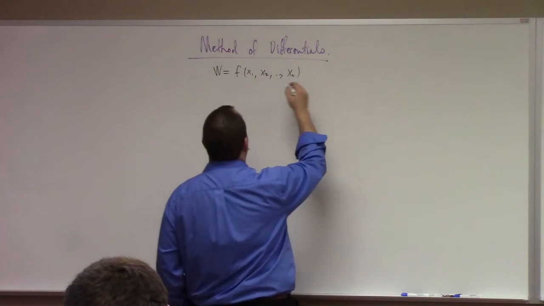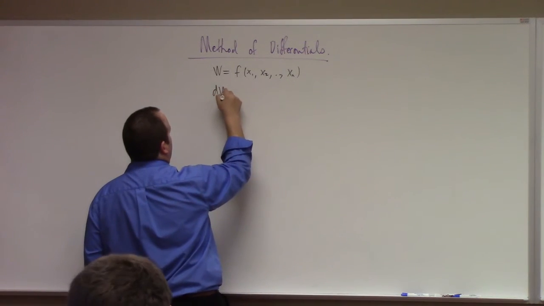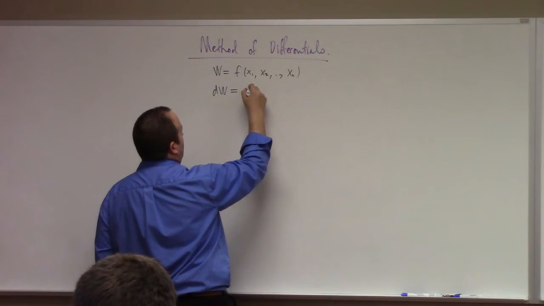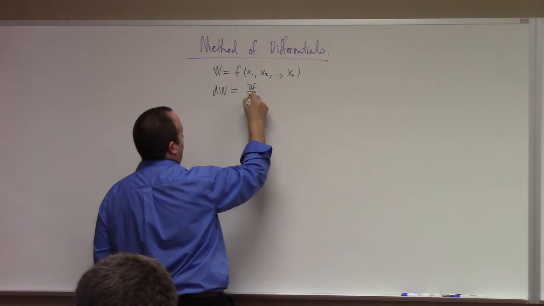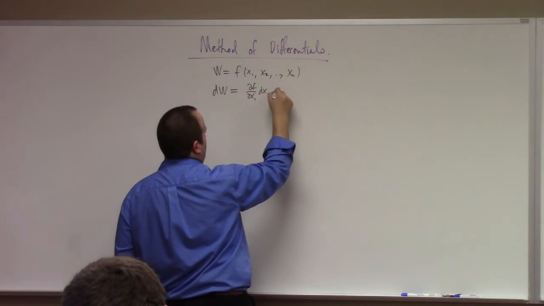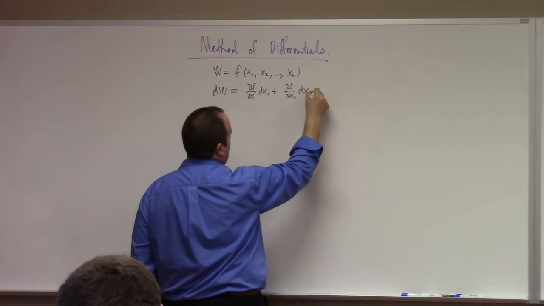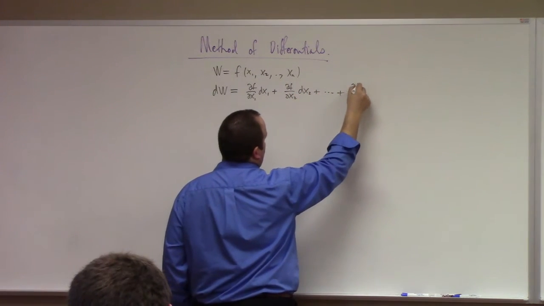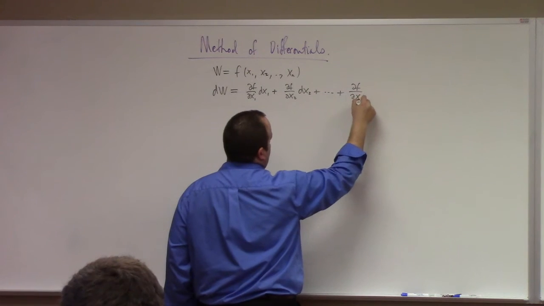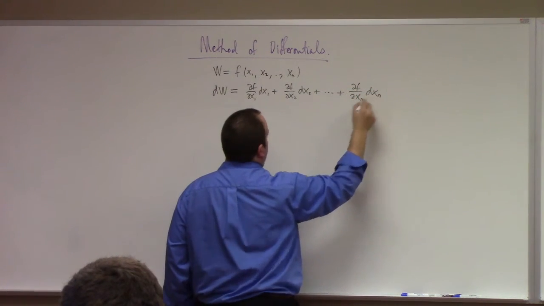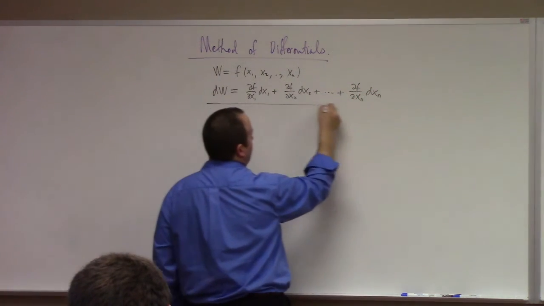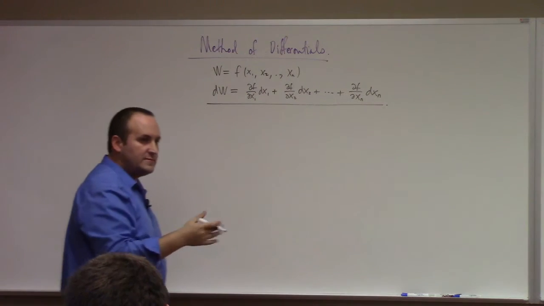And then what I write is dw is equal to partial f partial x1 dx1 plus partial f partial x2 dx2 plus plus partial f partial xn dxn. You're like, okay, but that's just the total differential, right? Yeah, okay. Granted.